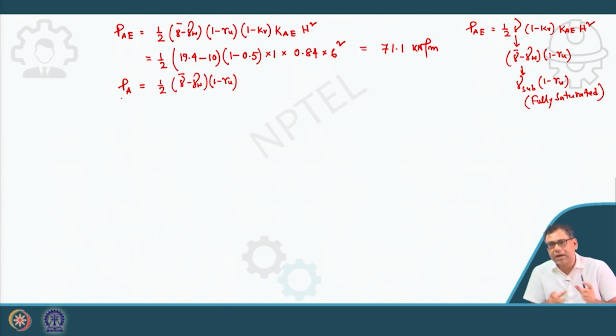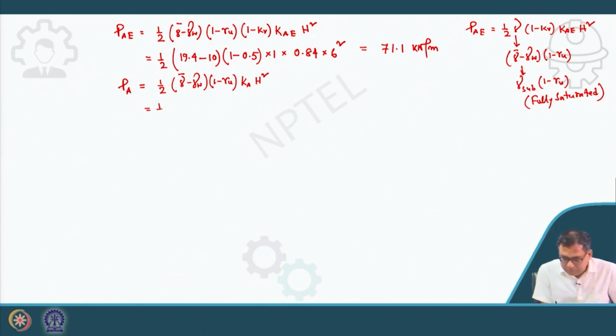So to be on the safe side also, by using the same recommendation, I just put PA equal to, I also use the same recommendation to calculate the PA. Just replace gamma by gamma bar minus gamma W into 1 minus RU. Okay, and rest of the things I kept same into KHY.